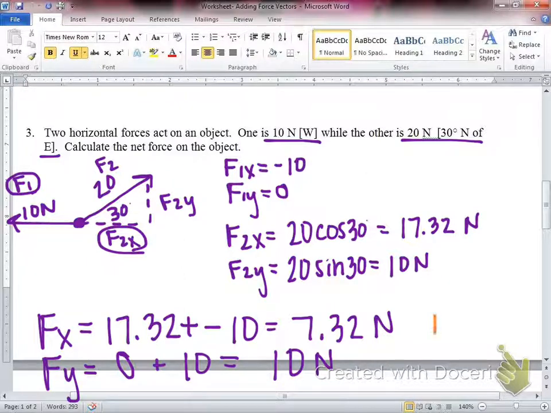And we're going to build our new triangle. I know they both go in the positive direction because both my components came out positive. I ended up with positive 7.32, which means my horizontal component needs to go east. I ended up with positive 10, which means my vertical component needs to go north.